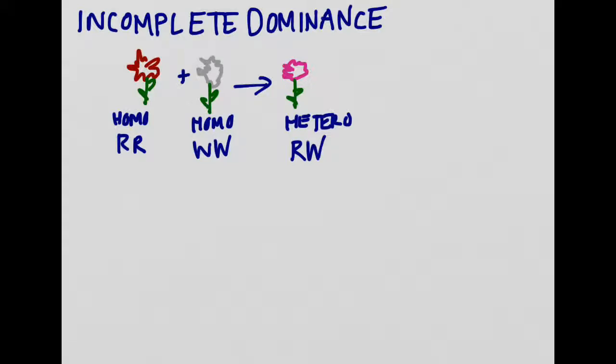And again, this incomplete dominance sometimes is also called non-dominance. We don't have a dominant or recessive allele. They're blending together in the offspring.